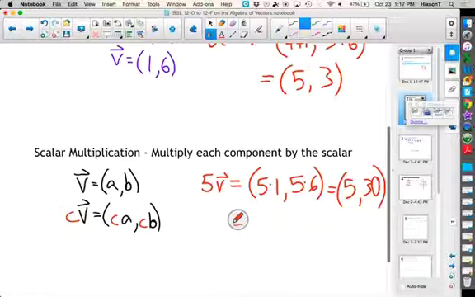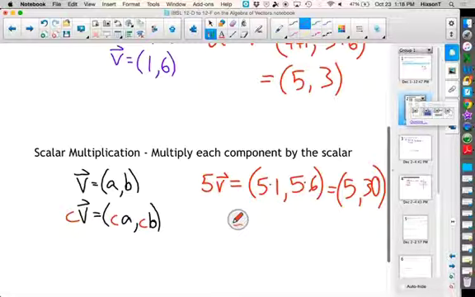Think about this in terms of force: if you had 5 people of equal strength pulling at this vector, this would be the result. It's just multiplying that vector.